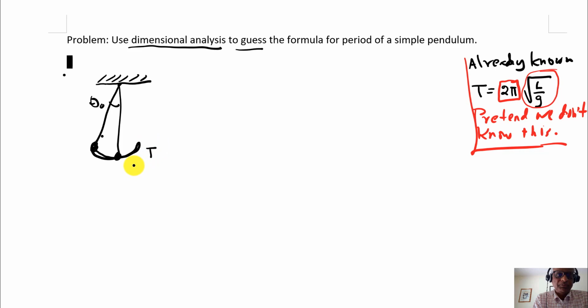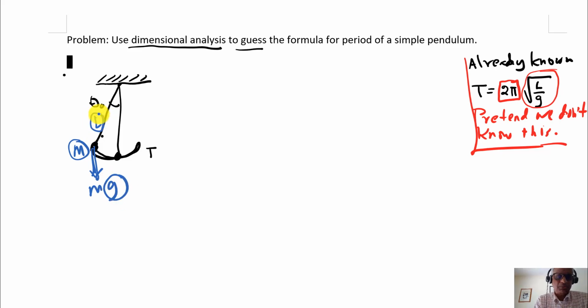Well, if you look at various factors here, it can depend on, say, mass. It can depend on the length of the pendulum. Maybe it can depend on the force acting on it, which is mg. We already took care of the m, so this g is the new factor.